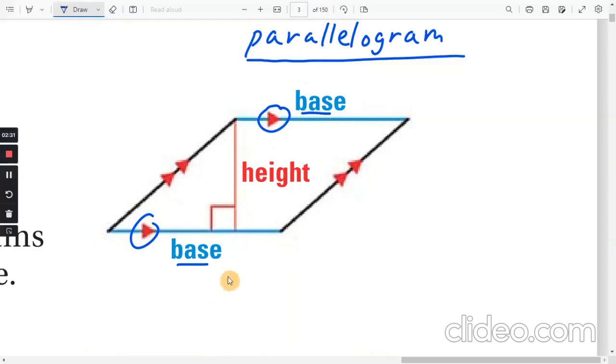The height is the perpendicular distance between the bases. So once again, the height and the base make a right angle with each other, and it also makes a right angle with the other base as well. Once again, remember that H, the height, is perpendicular to the base B.